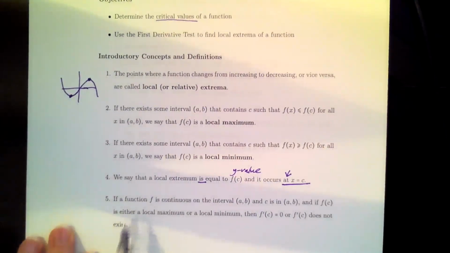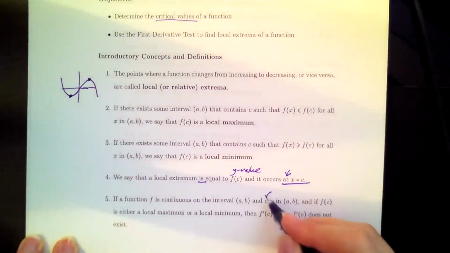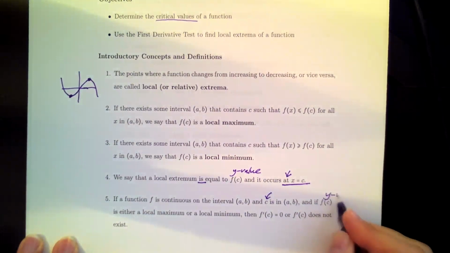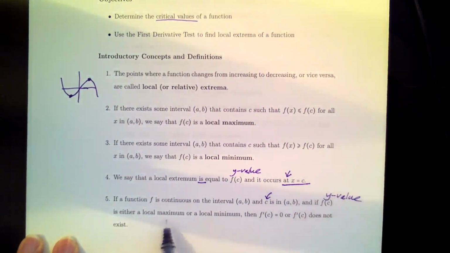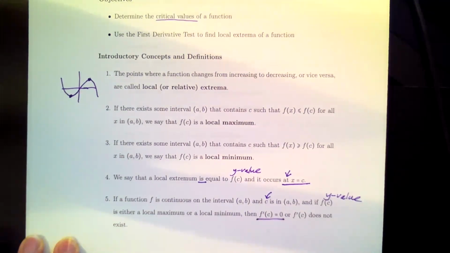This is where it starts getting interesting. If a function is continuous on an interval, that just means that it plays nice, and there is some number c inside that interval. If the y value at c is either a local max or local min, then it must be that the derivative is 0 or that the derivative does not exist.